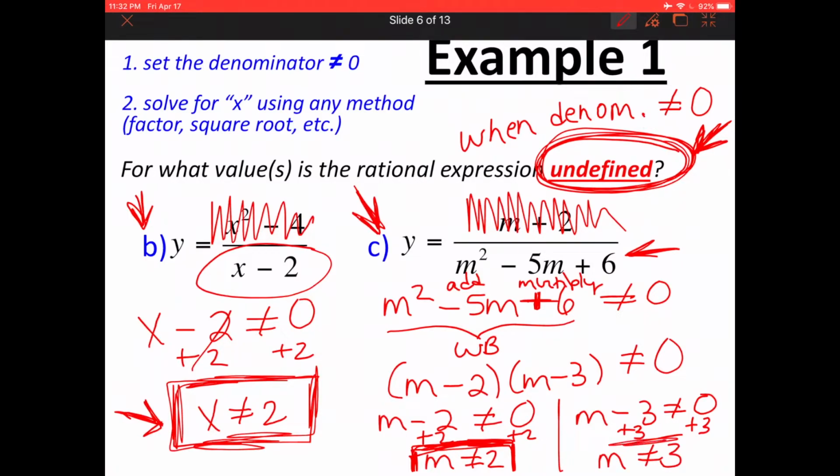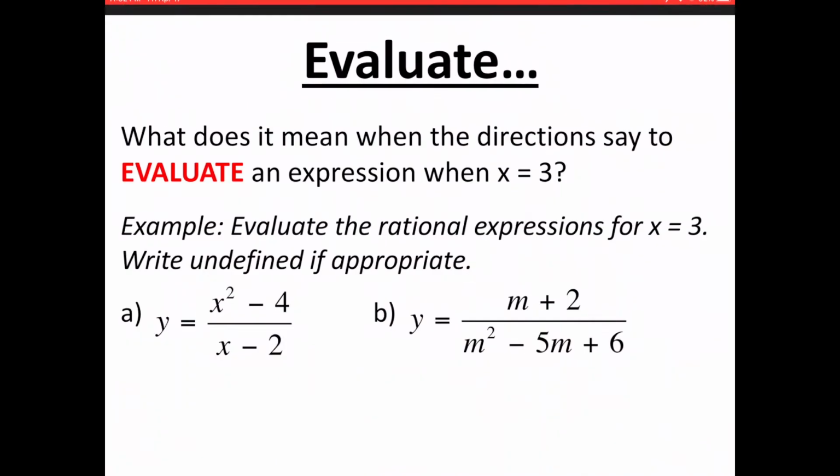My second answer is that m cannot be 3. Okay? So example C actually has 2 answers. When is the rational expression undefined? It is undefined if m equals 3 and if m equals 2. So that's why m cannot be 2, m cannot be 3. Okay, guys? So there are some slightly more difficult versions of dealing with undefined expressions.